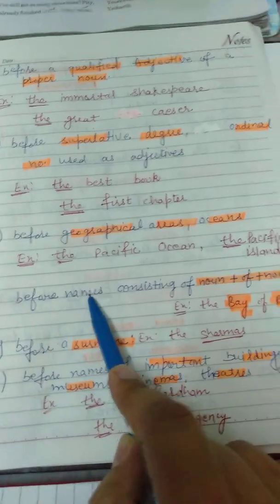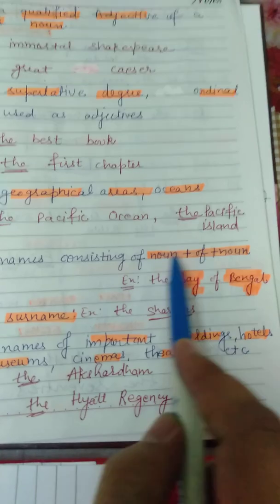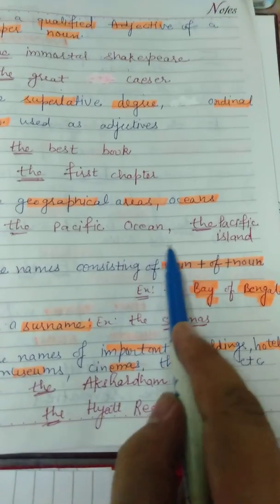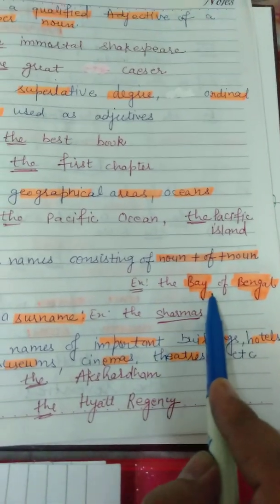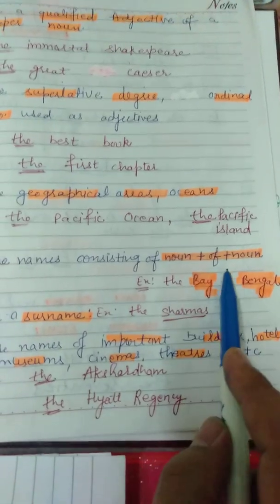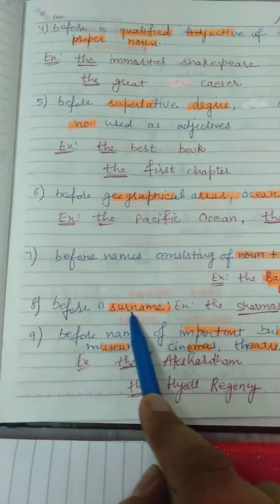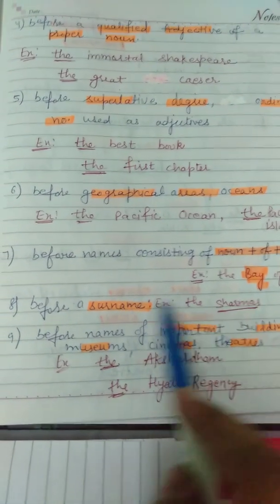Before names consisting of noun plus of plus noun. See the example, the Bay of Bengal. Noun, noun. Both are nouns, with of between them. That's why we are using the. Before a surname. Example, the Sharmas, the Vermas.